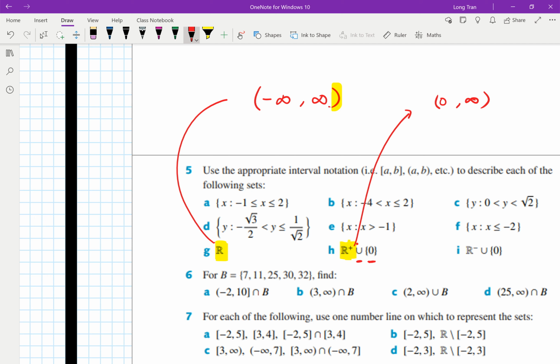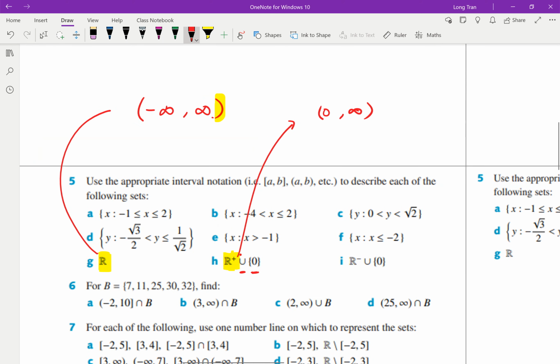That's why they're writing R plus union 0, it means I'm going to include 0 as well. Because naturally, R plus does not have 0. I should write it as it doesn't include 0. Okay, so R negative or R plus doesn't have the 0 line.